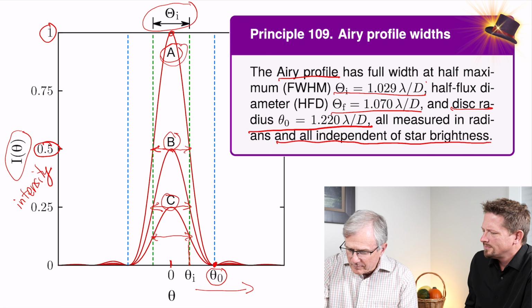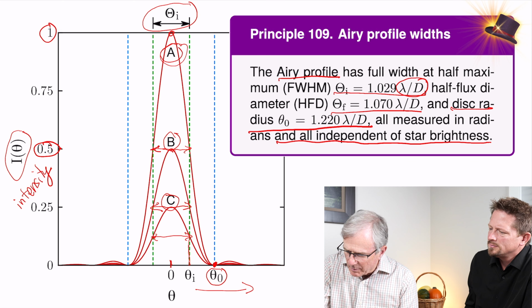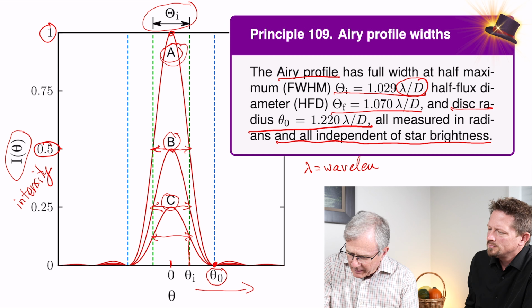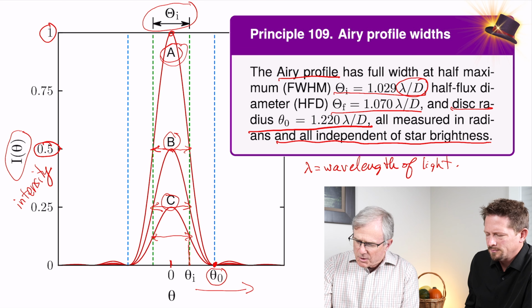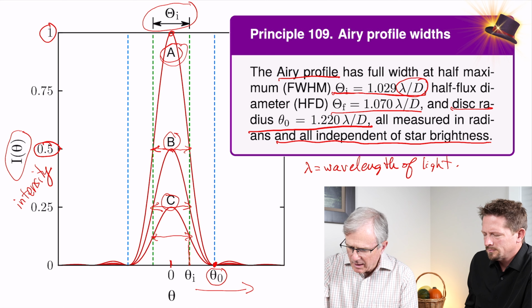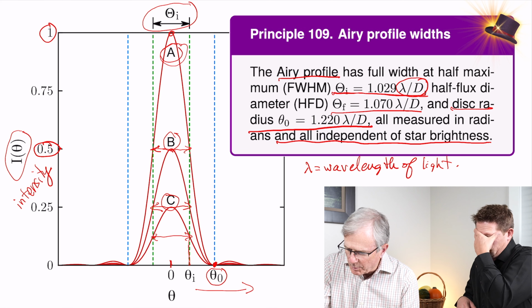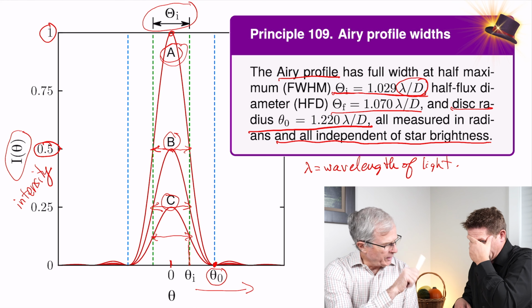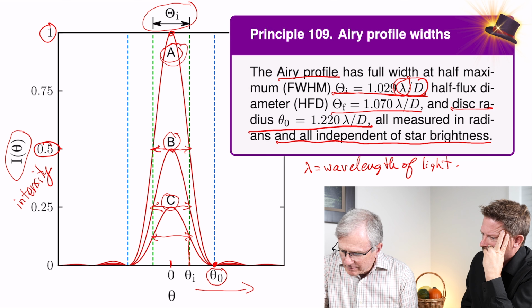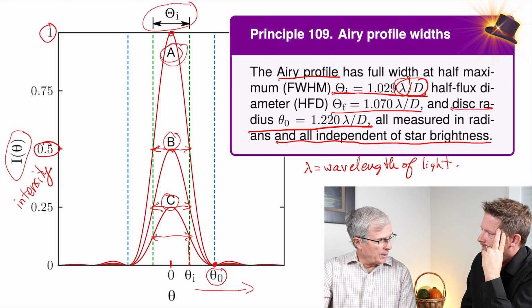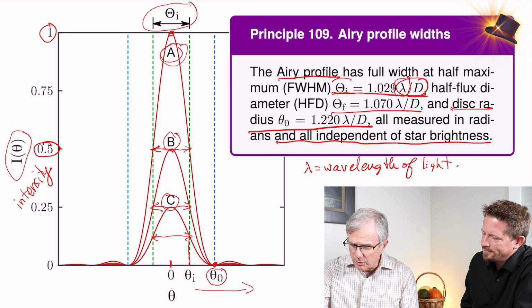But all of these do depend on something. And lambda here is the wavelength of light. So, what does that say about the full width at half maximum as a function of wavelength for red light versus blue light? Well, red light has a larger, longer wavelength than blue light.